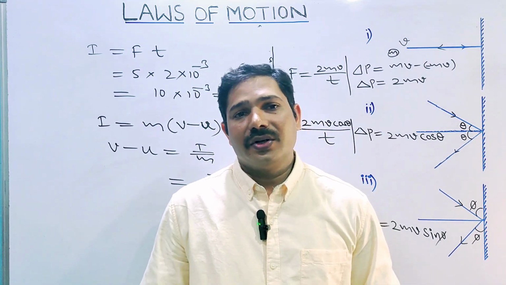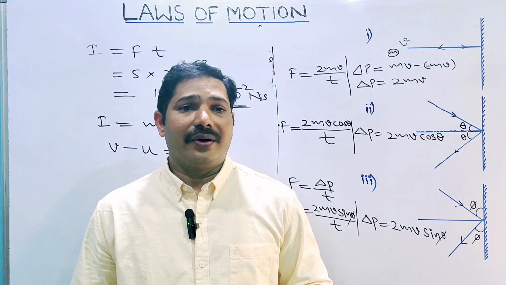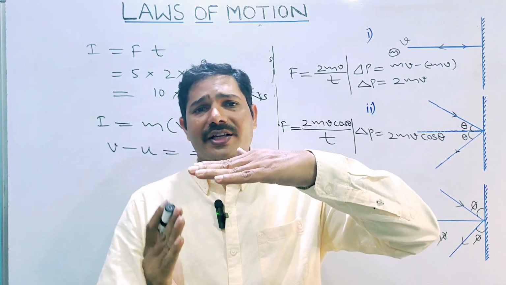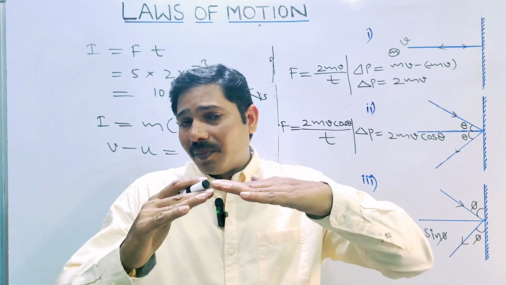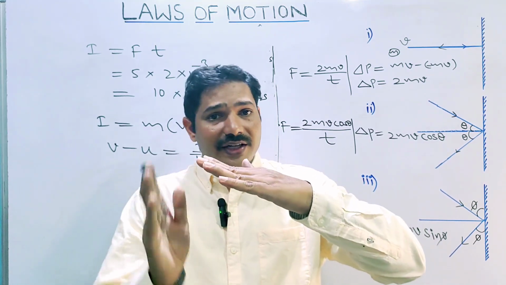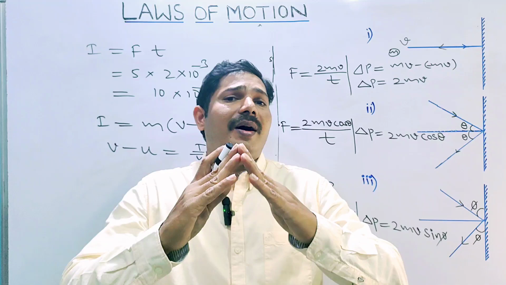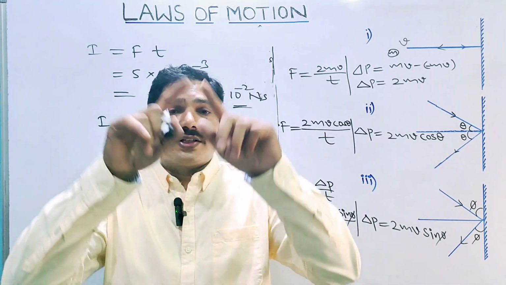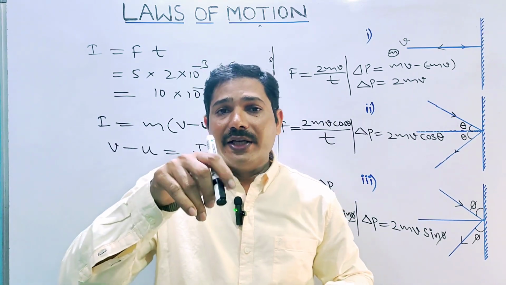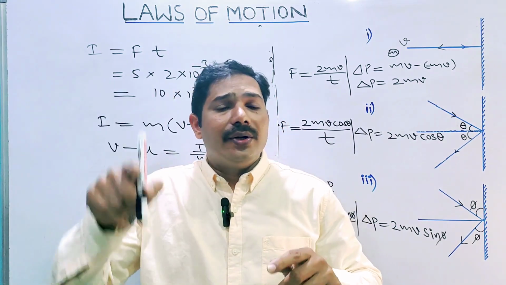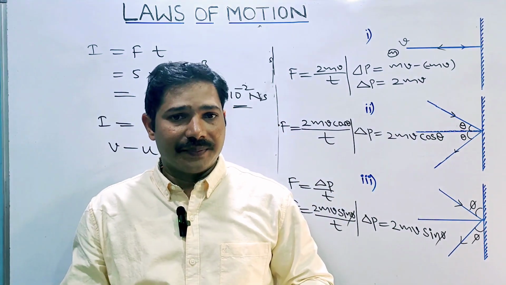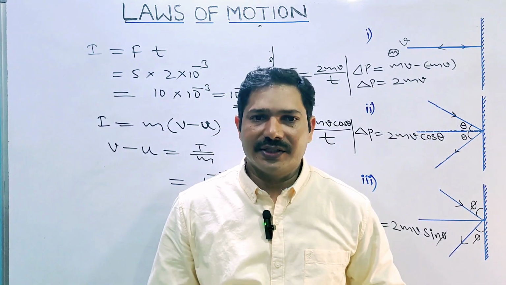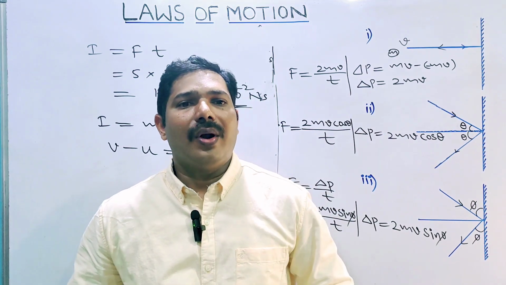Along with a string, two bodies are attached: one on a horizontal table and another hanging, or one on an inclined plane and another hanging, or both bodies on two inclined planes. Otherwise, there is one pulley over which two masses are hanging. How to solve all these, we'll discuss in detail in part 2 of laws of motion.